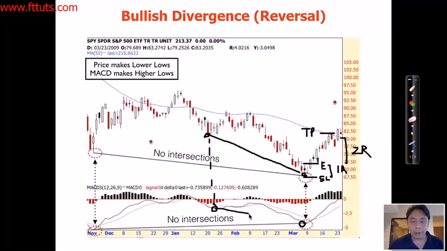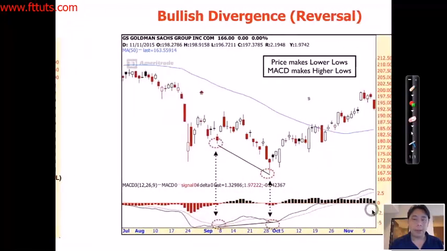So connect this to this. So is there a divergence from these swing lows? No, there isn't, all right? And that's why I did not make those connections, because there is no divergence that exists. But from this swing low to this swing low and this swing low to this swing low, there is a divergence. Okay, so you are looking for swing lows that have a divergence. As long as there's a divergence that exists, that's a valid trade. All right.